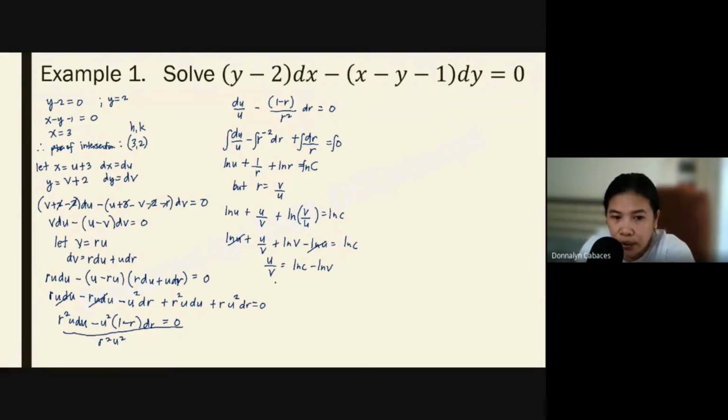Do not forget to bring back the original variables x and y. So from this, we let x equals u plus 3. Therefore, u is x minus 3. And your v is equal to y minus 2. So you now have x minus 3 is equal to y minus 2 times ln of c over v.